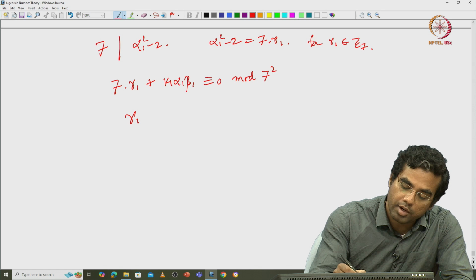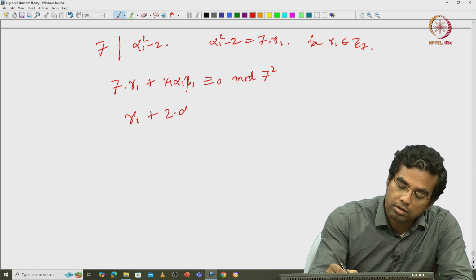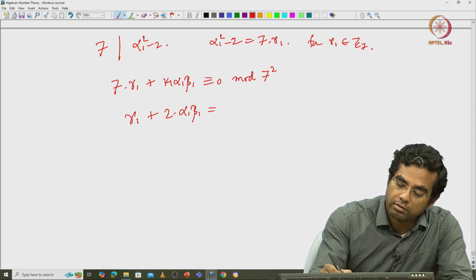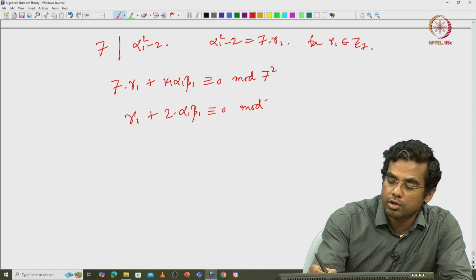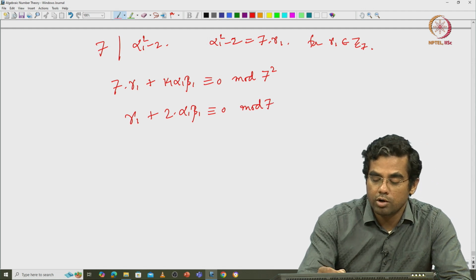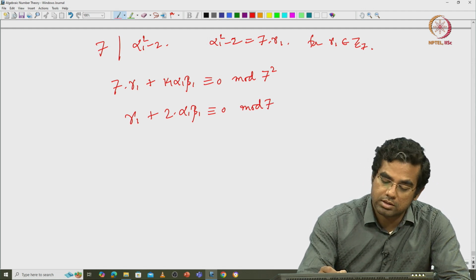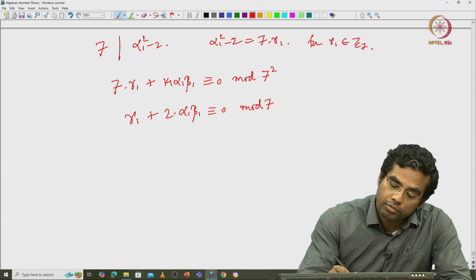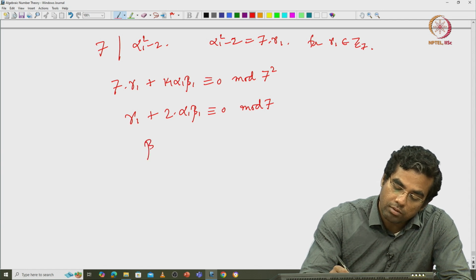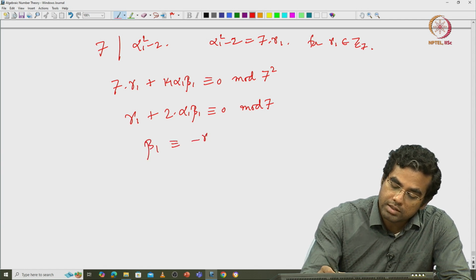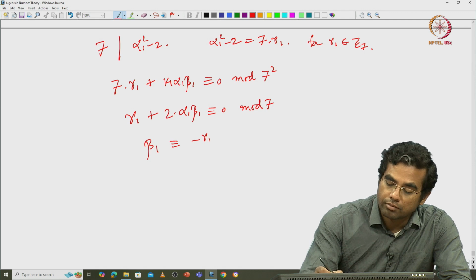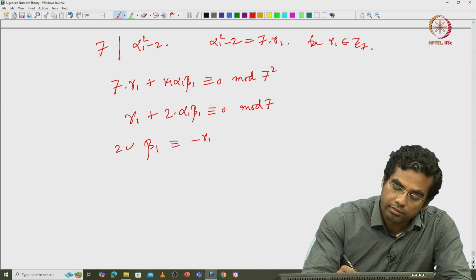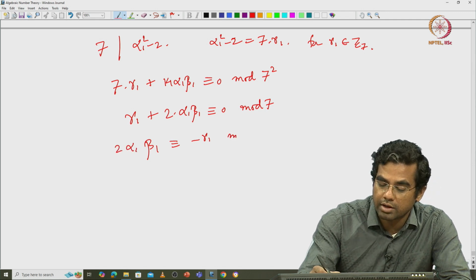So, I divide by that and I get 2 alpha 1 beta 1 plus gamma 1 is congruent to 0 mod 7. So, I want beta 1 which satisfies this, which means 2 alpha 1 beta 1 is congruent to minus gamma 1 mod 7.